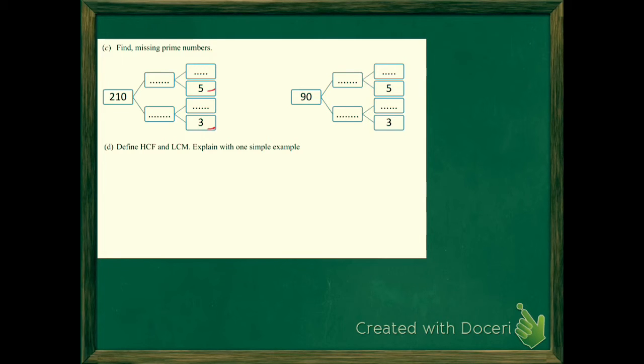So for 210, of course we can divide by 3. So 3 times 70, and then carry on to 35, then 5 and 7, like this.